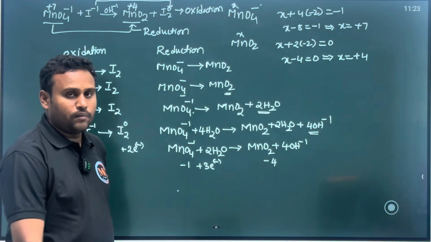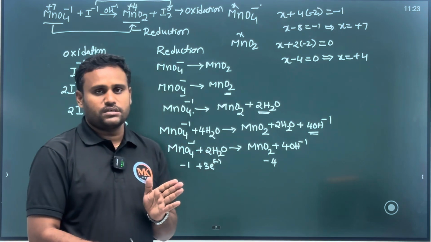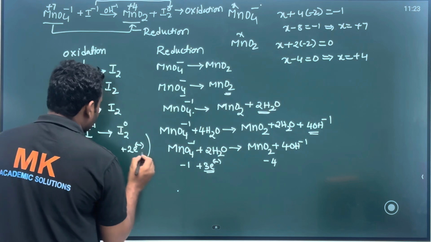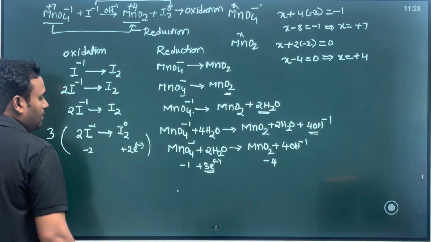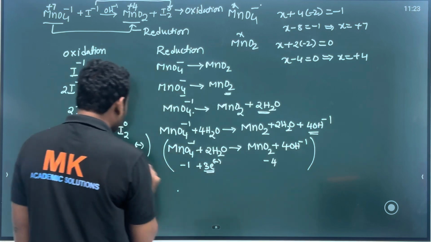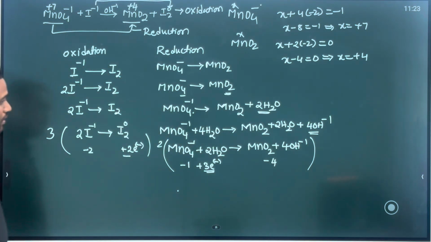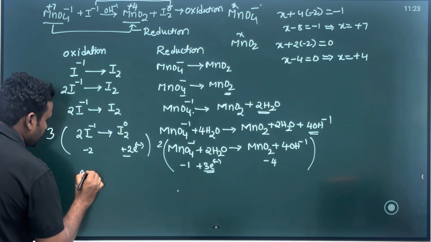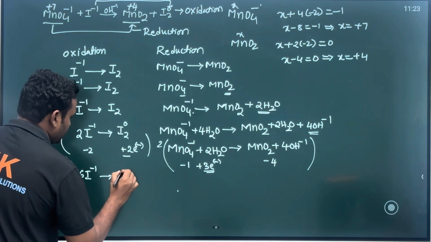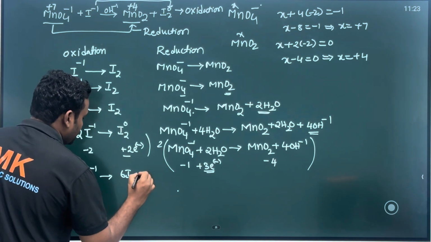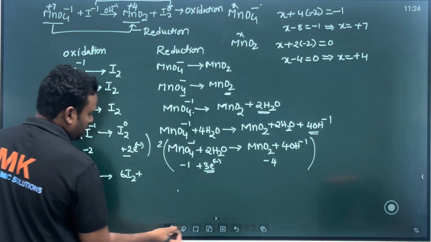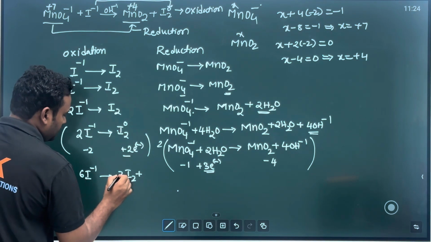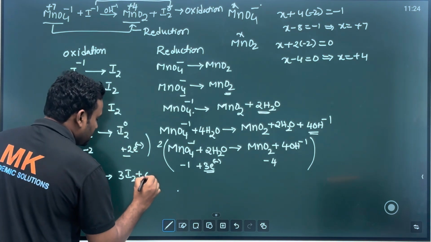Next step is to equalize the number of electrons in both the oxidation half reaction and the reduction half reaction. Here 3 electrons are there. This total equation you multiply with 3, and this total equation you multiply with 2. So 6I minus gives rise to 3I2 plus 6 electrons.